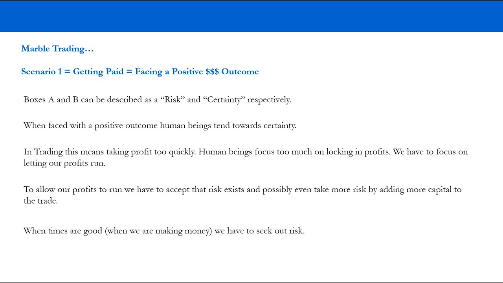And when human beings are faced with a positive outcome, in the majority of cases, they will tend towards certainty.